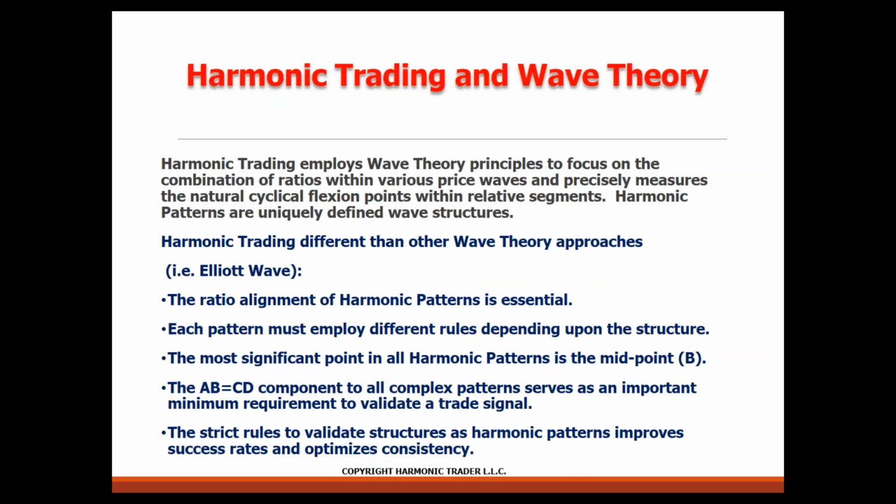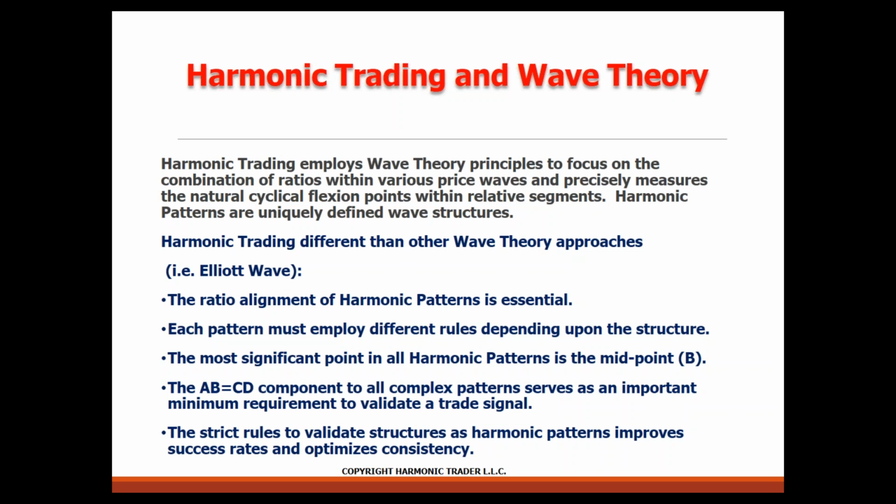Now, it's important. I want to separate harmonic trading from wave theory because this is not Elliott wave. We look at ratios differently because ratio alignment is essential in harmonic patterns. It almost has to be exact to be valid. There are different rules for how we handle each structure, and we utilize even the midpoint within the M and W structures as a defining characteristic of whether it's a retracement structure, an extension structure, and where the opportunity can be projected.